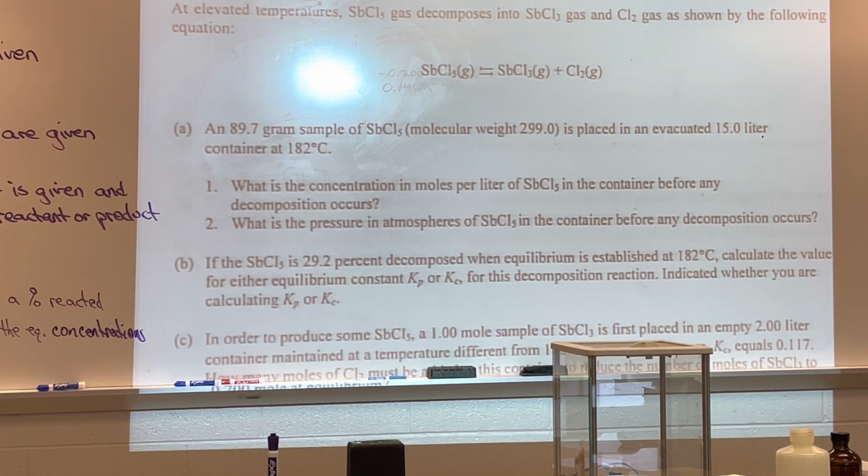So I'm pretty sure y'all can do A1. How do we do A2? What's R? 0.0821.